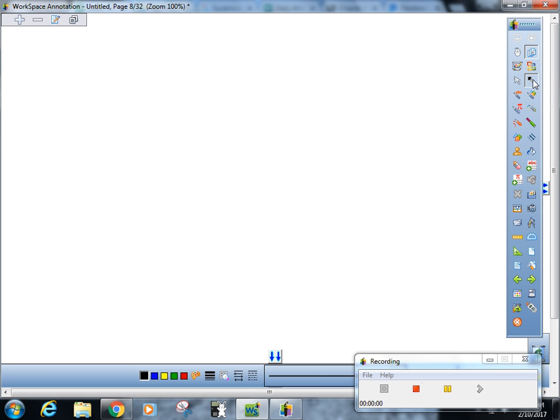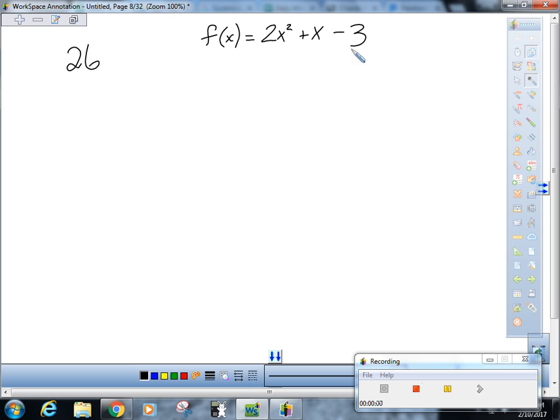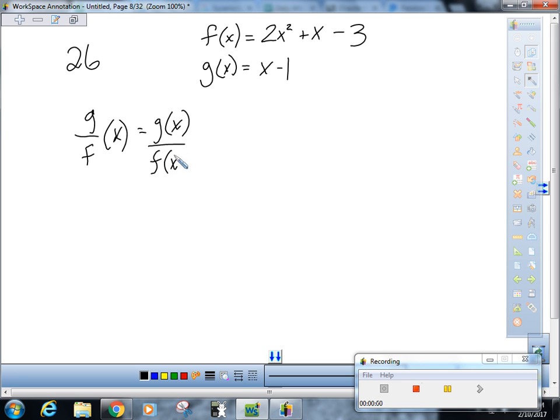26. Let's look at 26 from last night before we go into helping you on today's. Okay, so in number 26, we're given some functions. f of x is a trinomial, 2x squared plus x minus 3, and g of x is x minus 1, and 26 wants g over f of x, and that's the same thing as g of x over f of x.